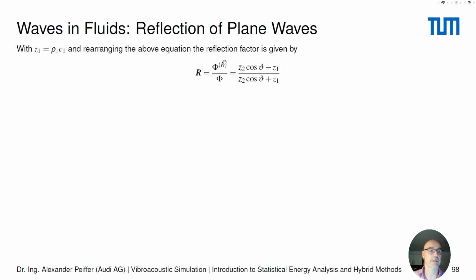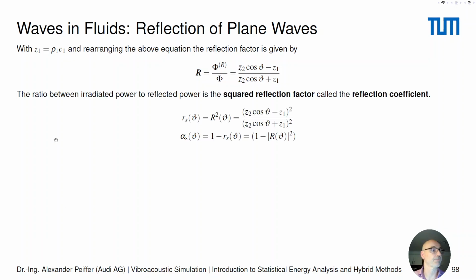Reflection factor is nothing else than the ratio of amplitudes reflected divided by the incoming amplitude, and then we get this expression. So please note that the reflection is just defined by the characteristic impedance of the fluid, and then this expression here mainly including the angle and the impedance of the surface.